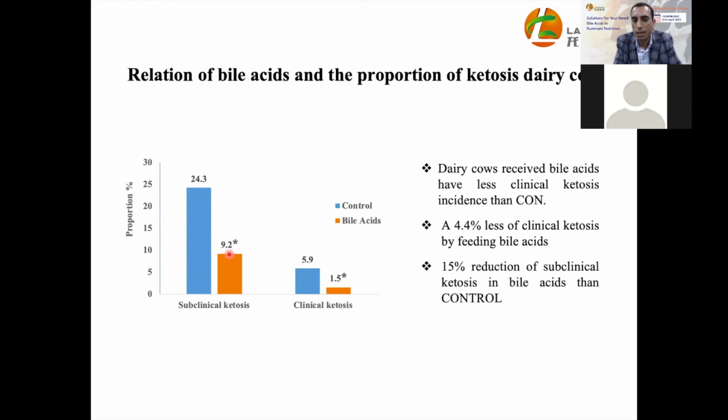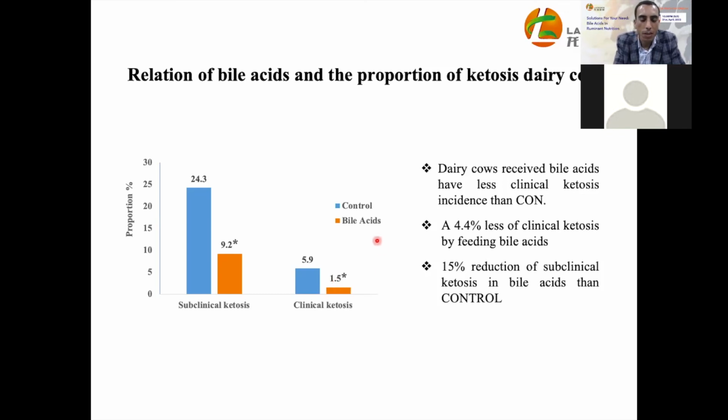Subclinical ketosis decreased from 24 to 9%, around 15% lower when the cows received bile acid. And clinical ketosis is lower, from about 6 down to 1.5%. So we saved 4.5% in the bile acid group.